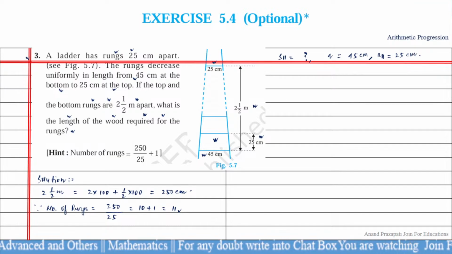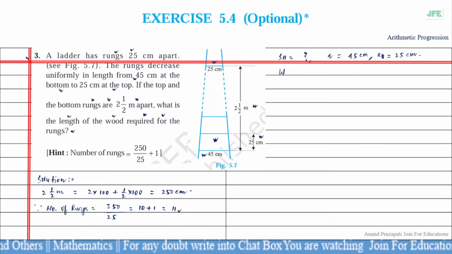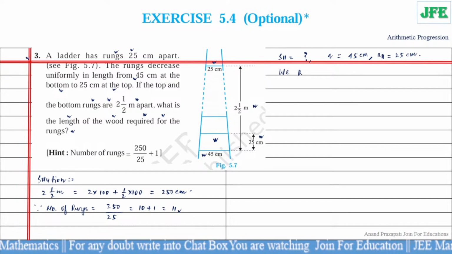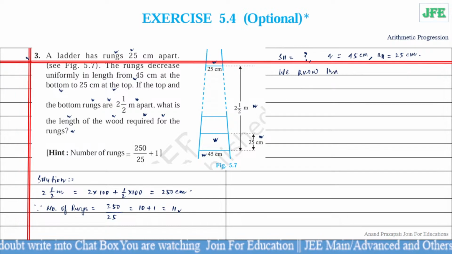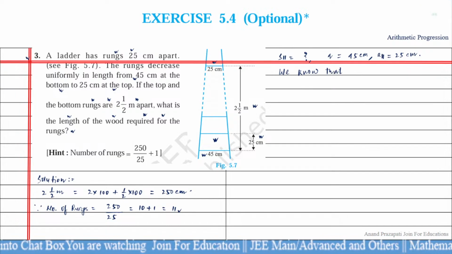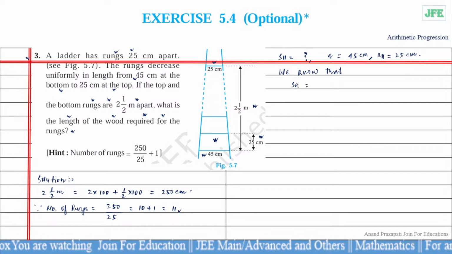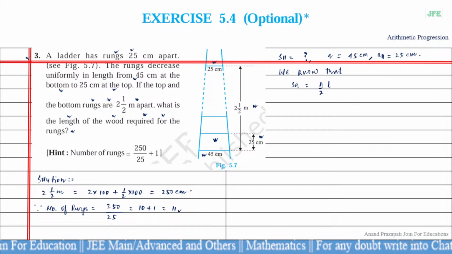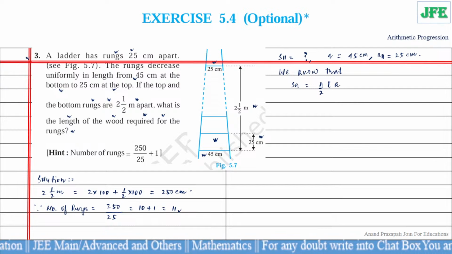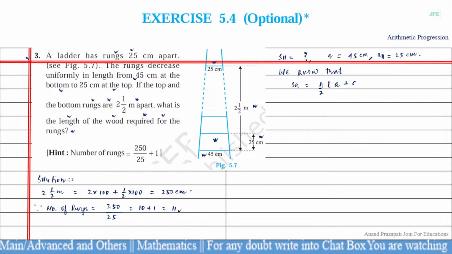So we recall the formula, we know that Sn equal to n by 2, and we write down here a plus a11.